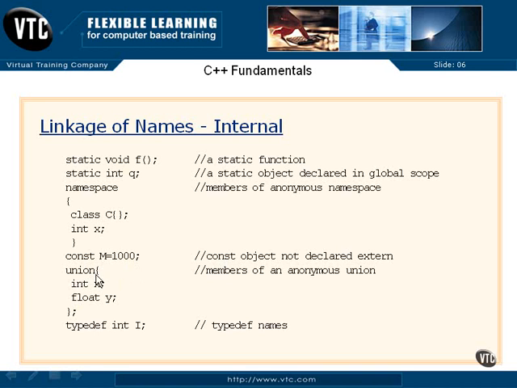Again, it does not have a name, so we have no way of grabbing hold of it and using it anyplace else but in this one translation unit. And here we have a typedef name. The typedef is only good in this translation unit. And that's why we do our typedefs in header files and then include them at the top of many different translation units, because they don't cross over automatically. You have to include them.